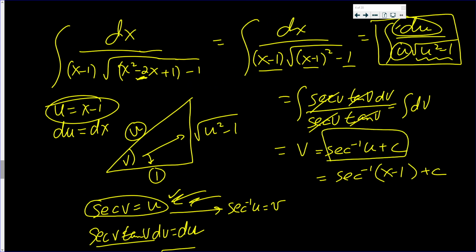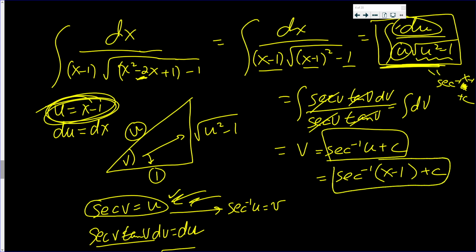If you're taking the course and you do enough of these problems, you're gonna know, oh, this is secant inverse of u plus c. You're gonna know that. And then you say, oh, I let u be x minus 1, so replace u with x minus 1. Exactly what we got.